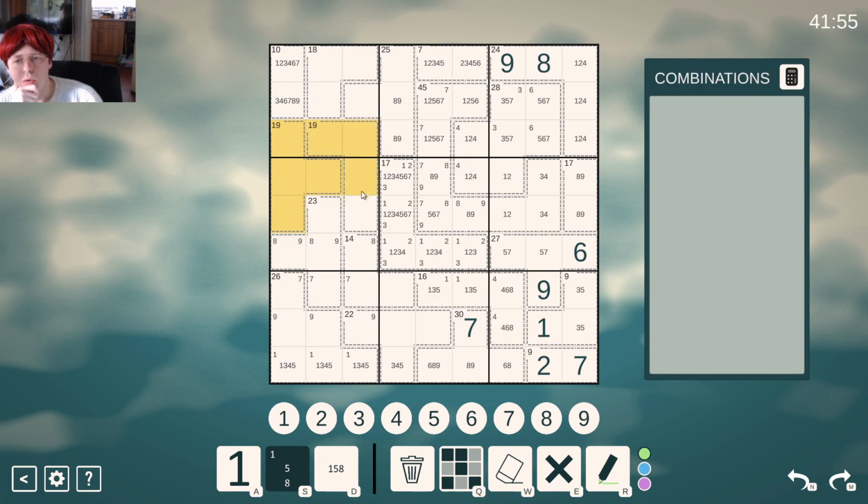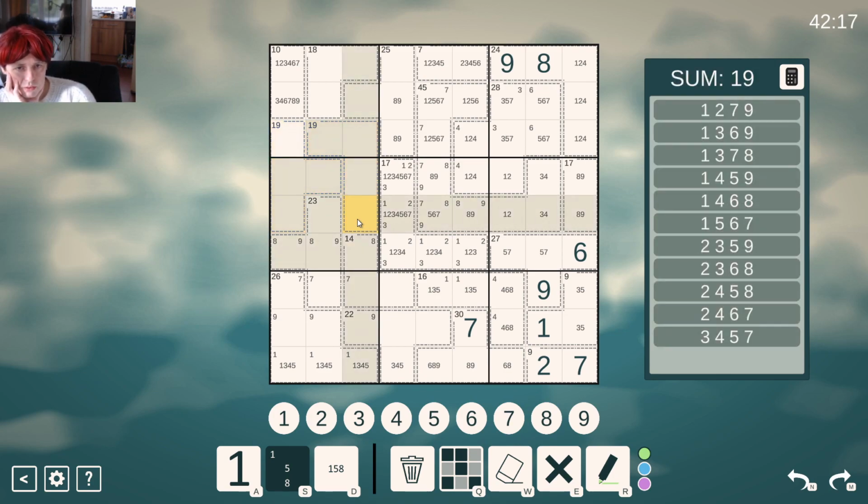What I can do, I can look at the combination. If there's no duplicate numbers, then it misses a 7.